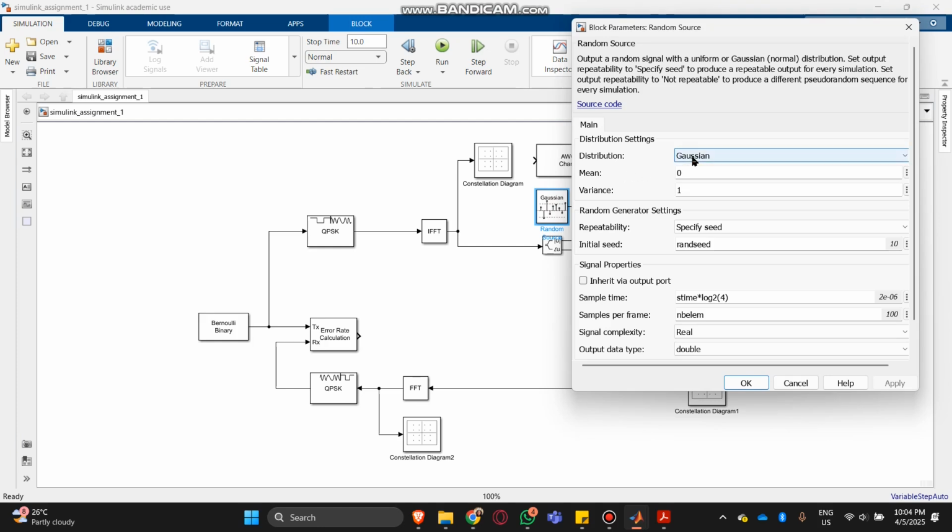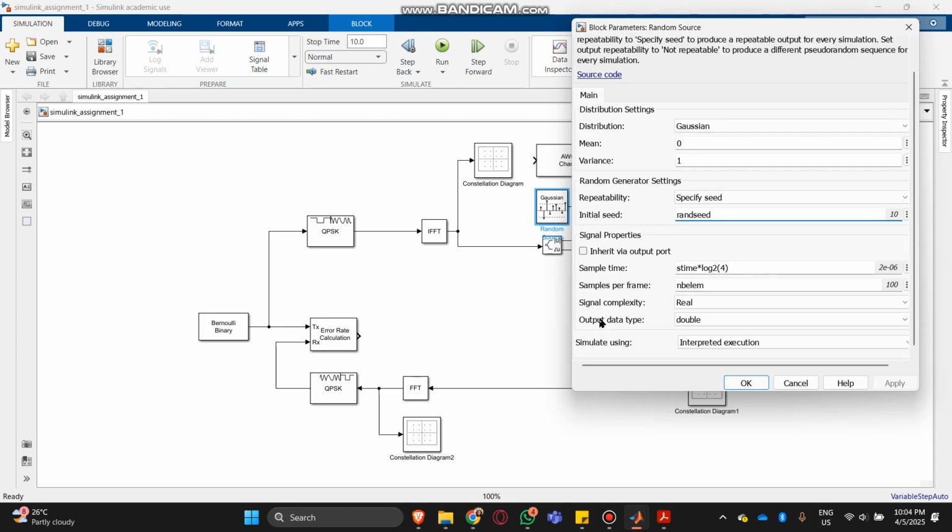Random source: as the distribution, we set Gaussian instead of uniform because we want Gaussian. Mean 0, variance set to 1, random generator setting repeatability specify seed, initial seed I put rand seed. Next, signal property: sample time as time times log2(4), samples per frame, signal complexity I set real, output data type double, simulate using interpreted execution.